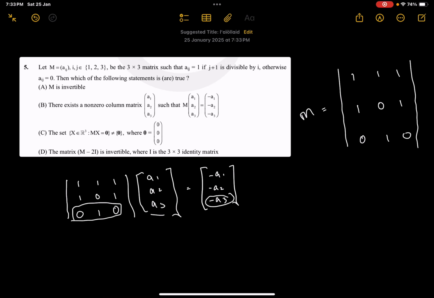We get that A2 is minus A3. So we'll just replace this with minus A3 and this becomes A3. The next thing we get is from this row, we get A1 plus A3 is equal to A3, which gives us A1 is 0.